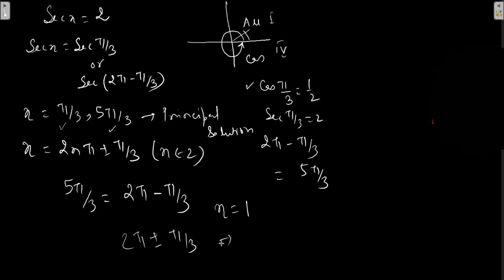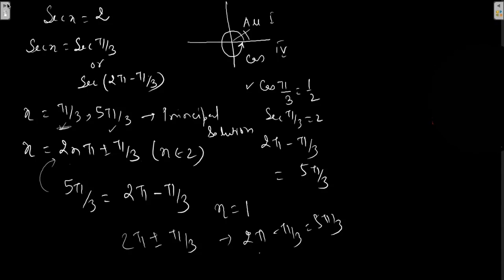So one of the values will be 2 pi minus pi by 3 as well, which is nothing but 5 pi by 3. So 5 pi by 3 is already included in this one. That is why we just take the first one, which is in the first quadrant, and then use it like this, and then we arrive at the general solution.